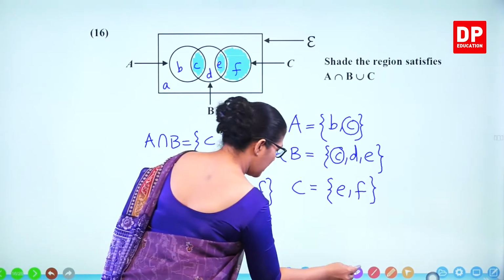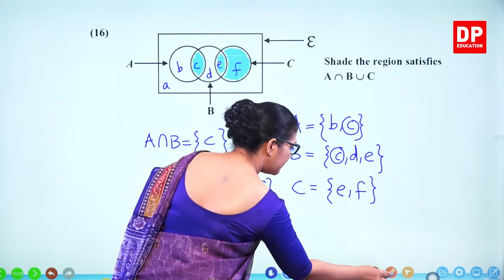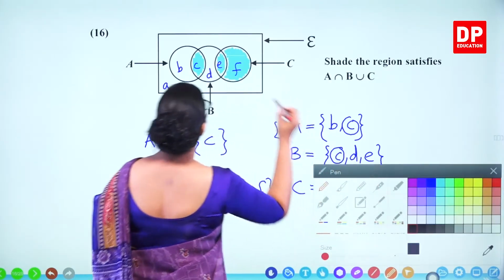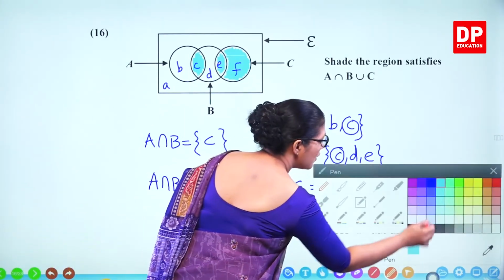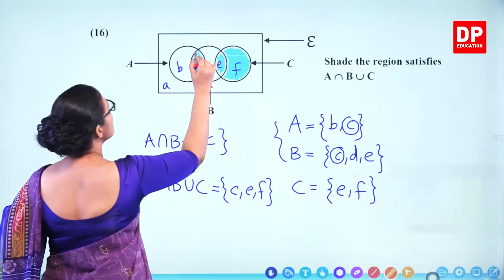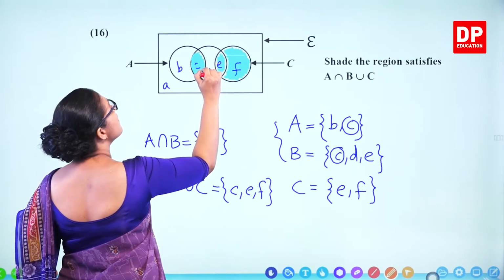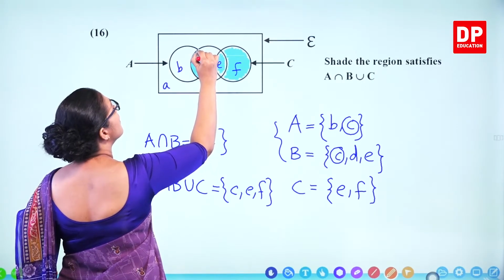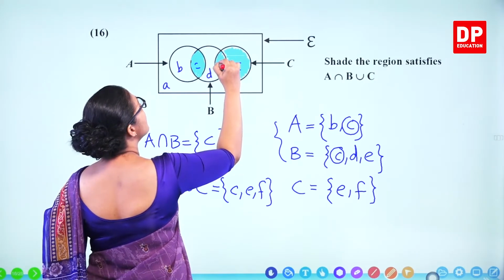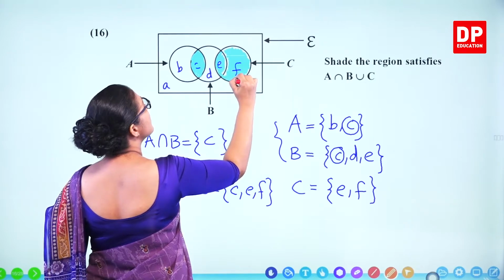So we'll color it properly. So C means this area, and this whole circle.